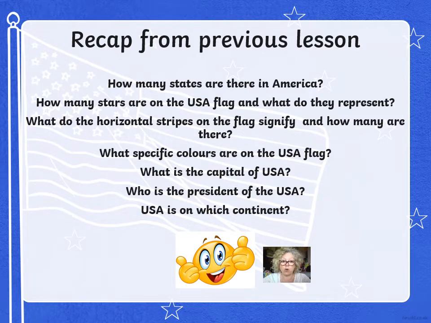Number 3, what do the horizontal stripes on the flag signify and how many are there? Number 4, what specific colours are on the USA flag? Number 5, what is the capital of USA? Number 6, who is the president of the USA? And the last one, USA is on what continent? So pause the video, answer those questions in your book.